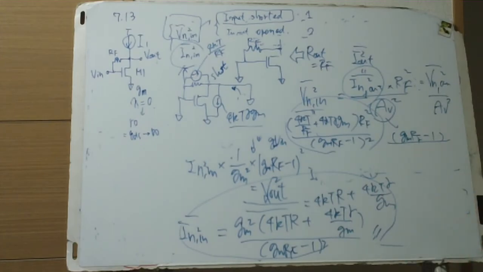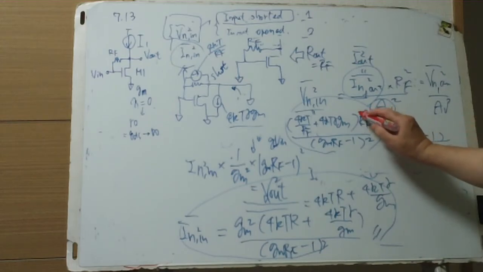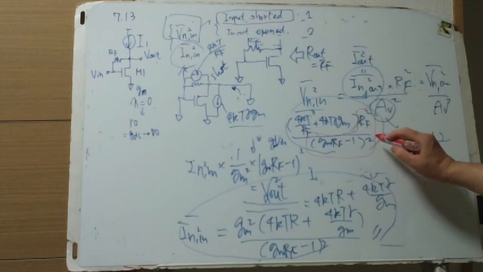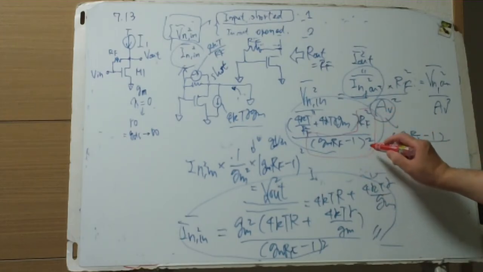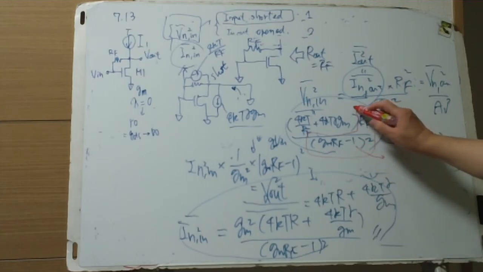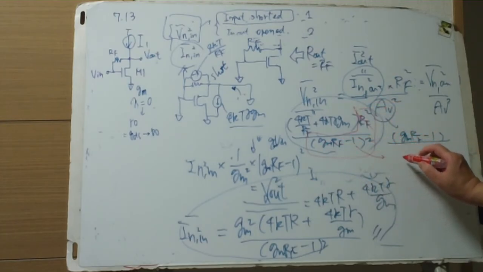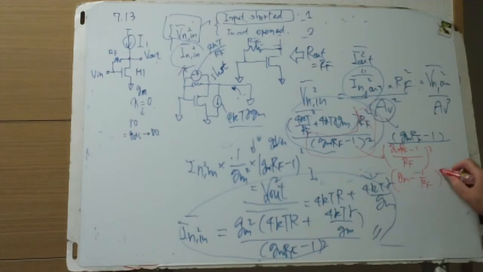There's no RF squared in here, but dividing numerator and denominator by RF squared, this goes away, and the denominator becomes (GM minus 1 over RF) squared. It is the same. Checked, done.